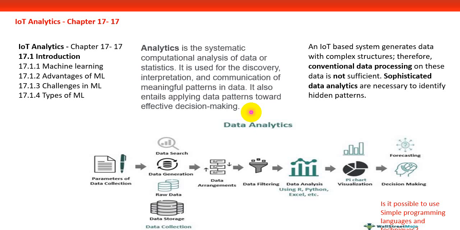So analytics is a very important and crucial point to take decisions. The data is available, you have to process the data. From the data you have to derive some kind of patterns, some conclusions, and then based on the patterns or conclusions you can take some kind of decision.